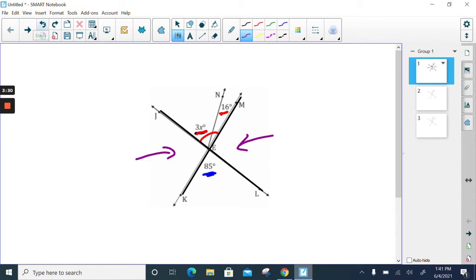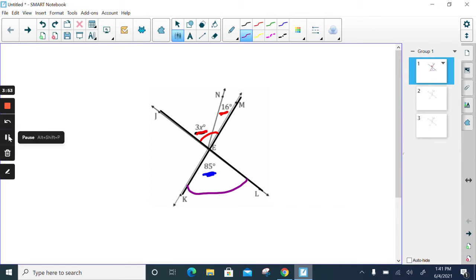But what we are going to use right here is, with these vertical angles, it tells us that this angle KEL is equal to the sum of those two adjacent angles that we just talked about, JEM. So I'm going to create an equation here, and we're going to show that these are equal to one another.